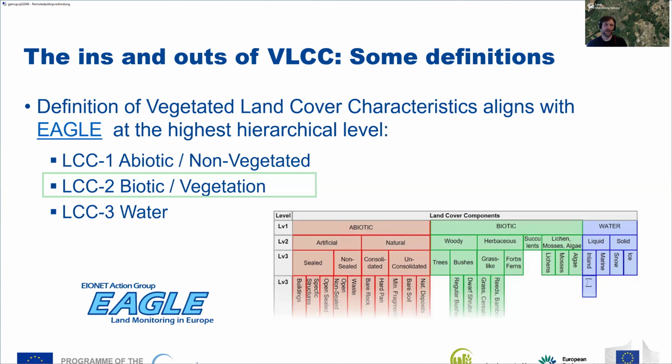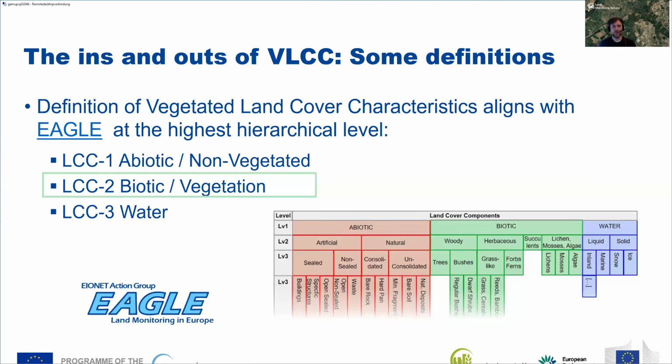And there are 3 blocks: the land cover component, the land use component, and then the additional characteristics component. The VLCC products are, of course, within the land cover component on the highest level, and in the biotic and vegetation part of this EAGLE nomenclature.